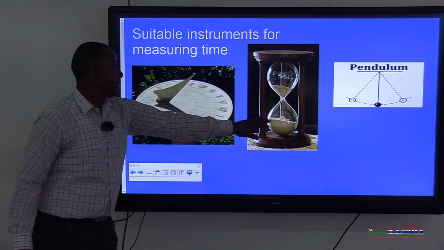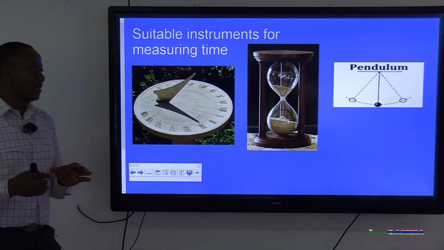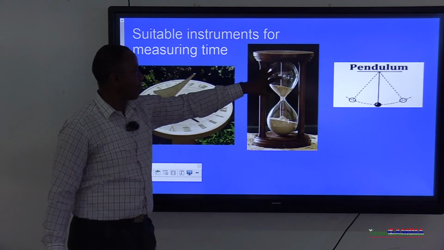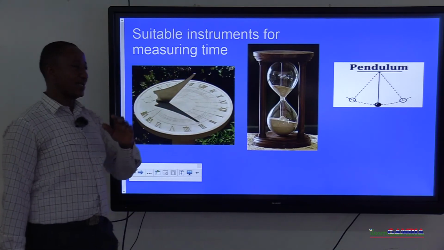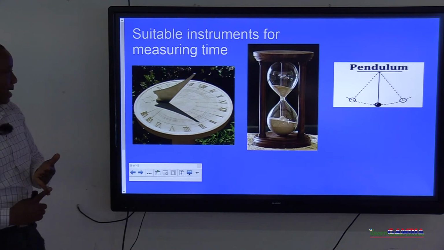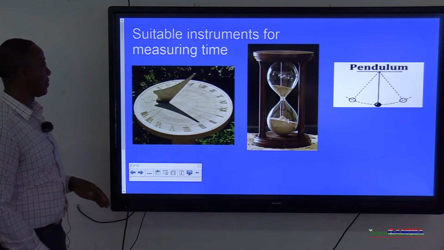The hourglass is designed so that the sand in it will all pour down from one end to the other, and it takes exactly a certain time that it is designed for, if it is for a minute or for an hour, and so on.